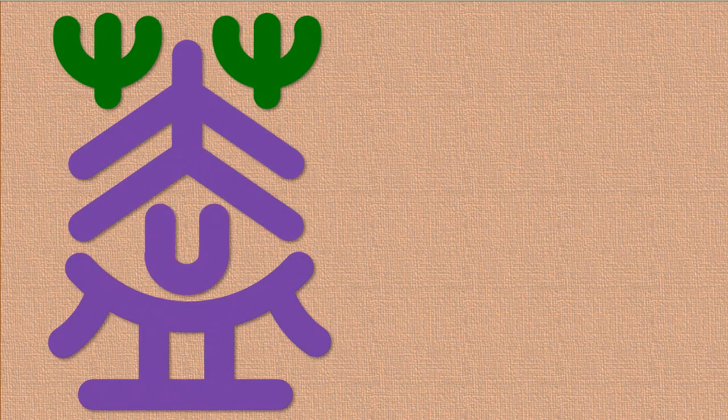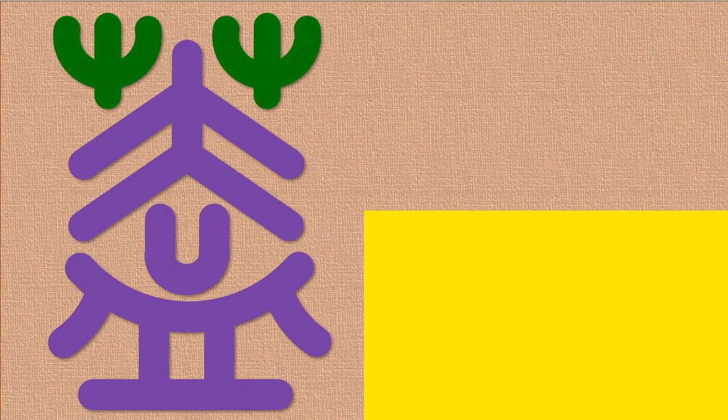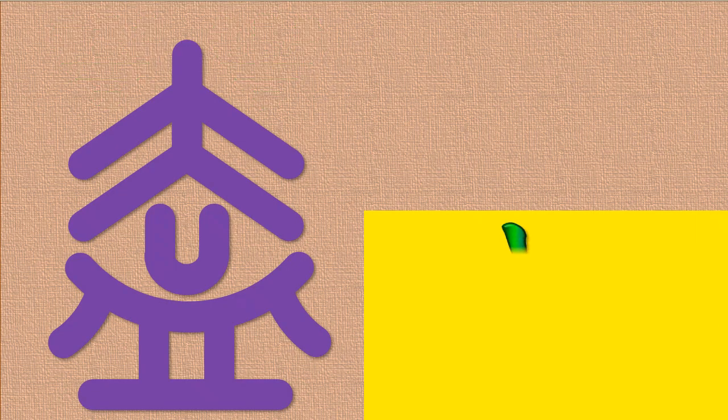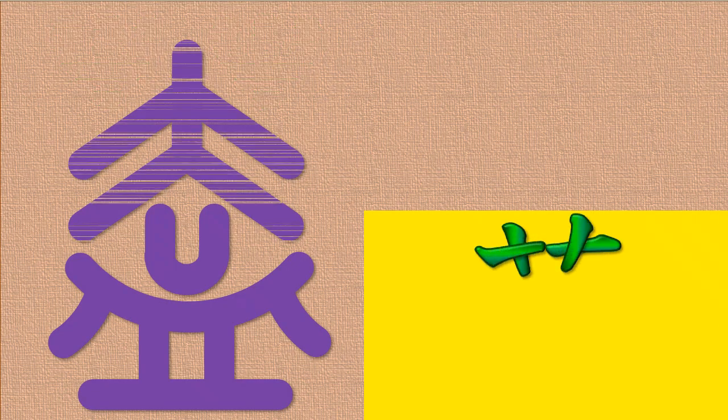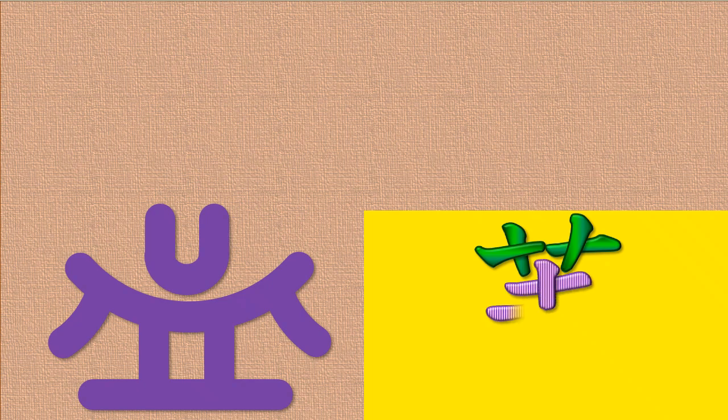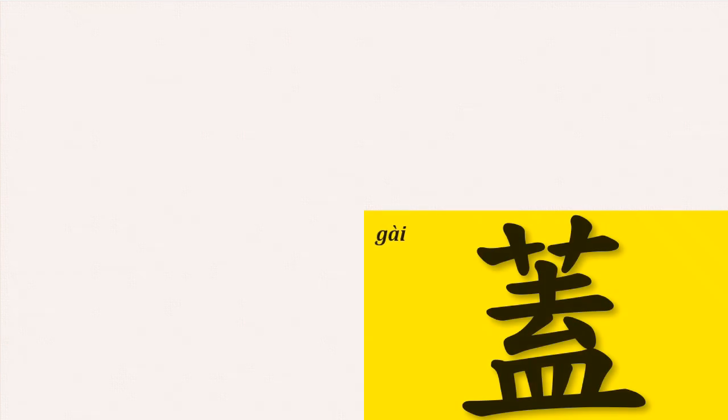Today, 和 serves as both phonetic and semantic element in our new character with the grass radical 草. Pronounced fourth tone 盖.